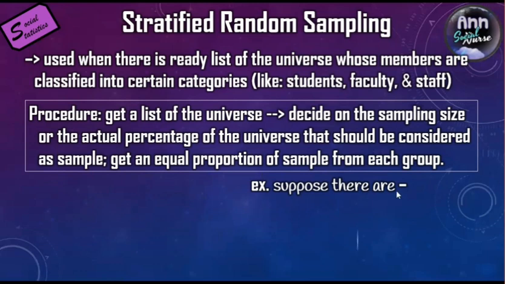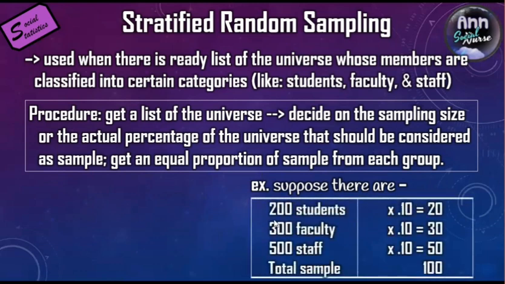Example, suppose there are 200 students, 300 faculty members, and 500 staff. This is the population. From the 1,000, you're going to have a sample of 100.